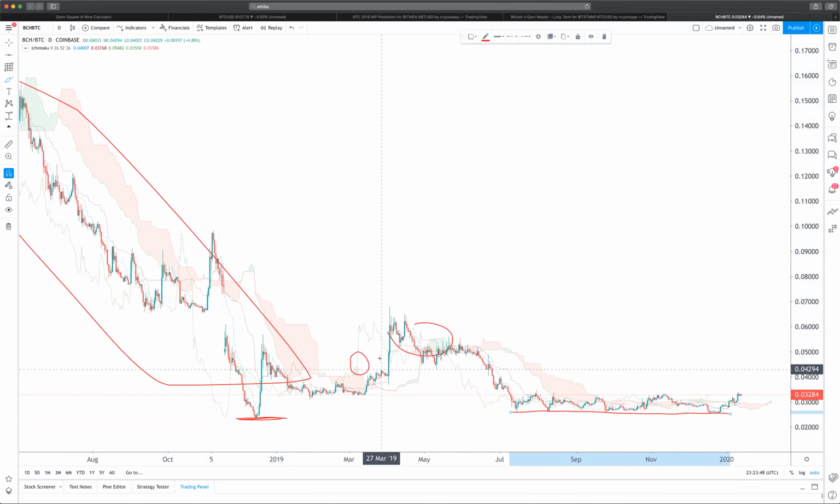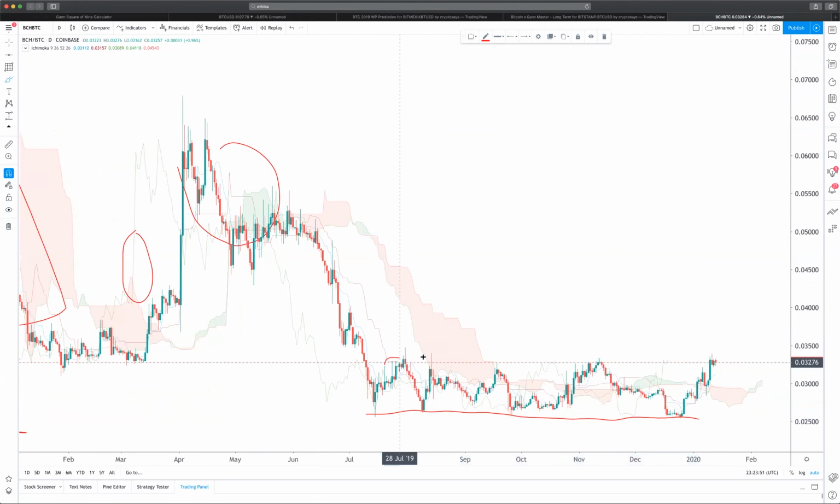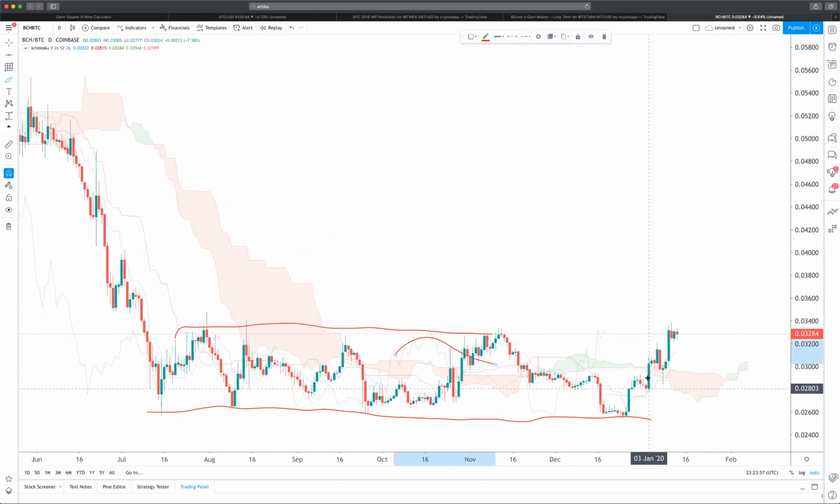So what happened right now, okay, Bitcoin Cash accumulated. Then we get another bull signal here. And now the price breached the Kumo, the Tenkan, the Kijun, and the Chikou with a bullish TK cross. A lot of good signals there.